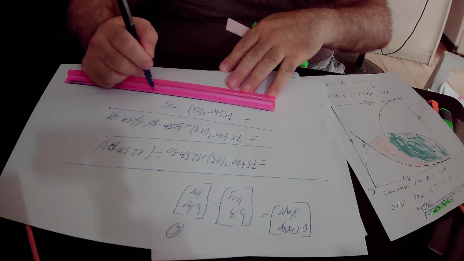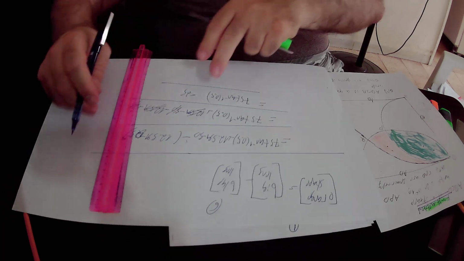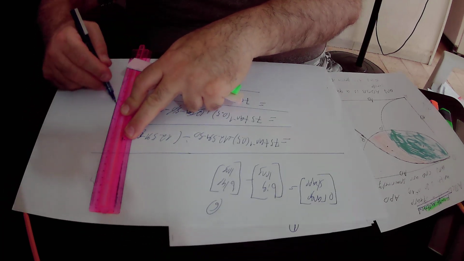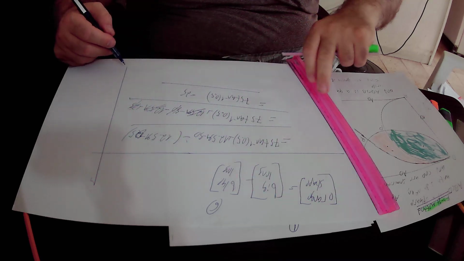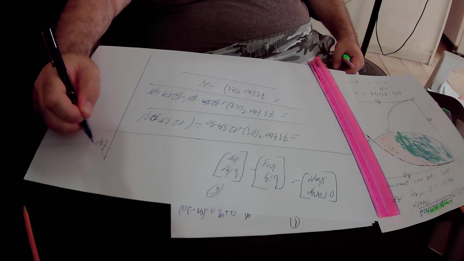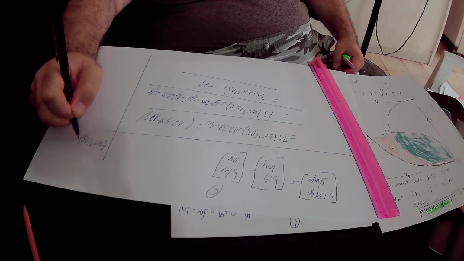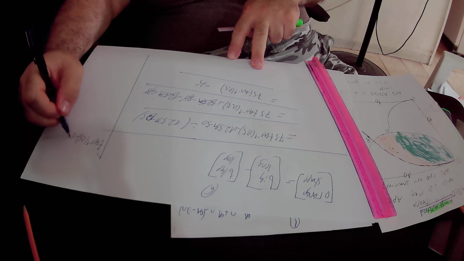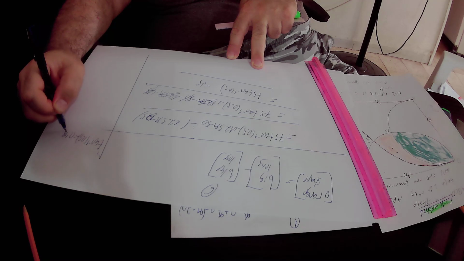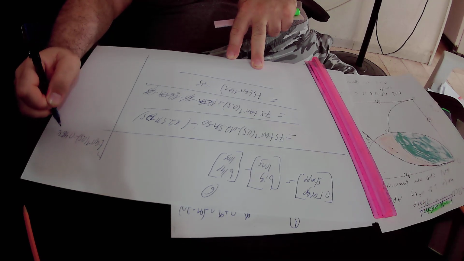Okay, and we know that tangent minus 1 of 0.5 equals 0.4636.